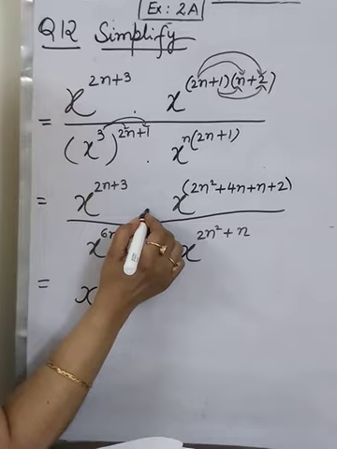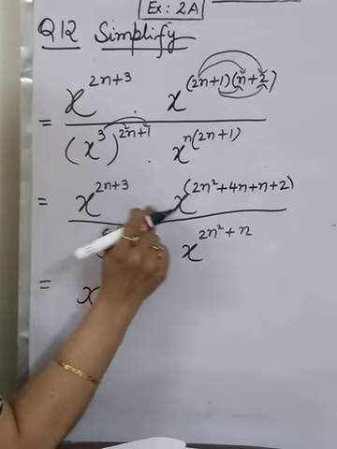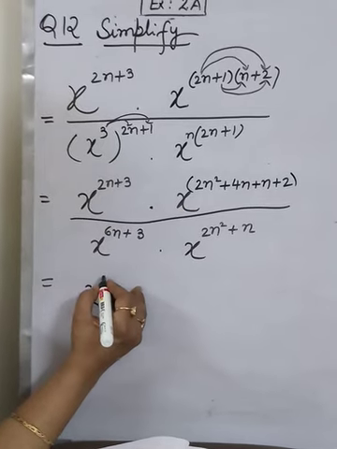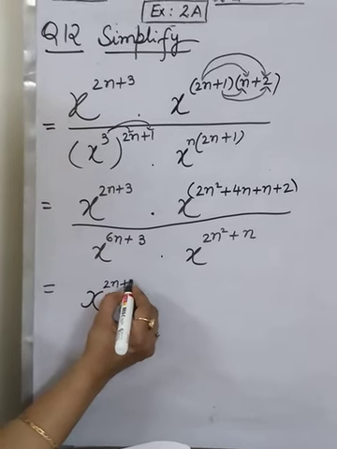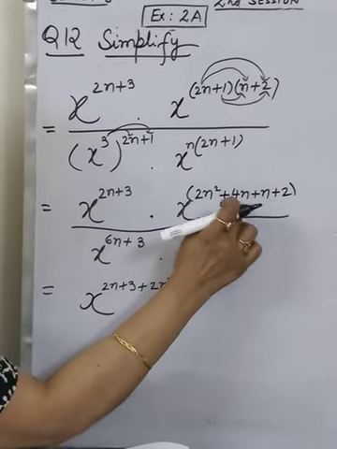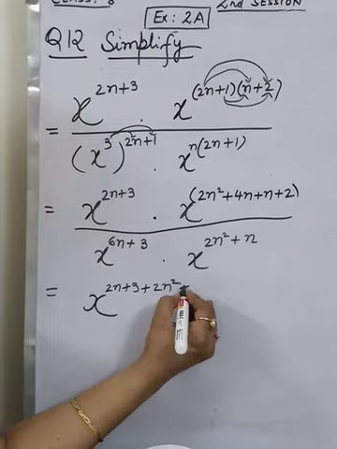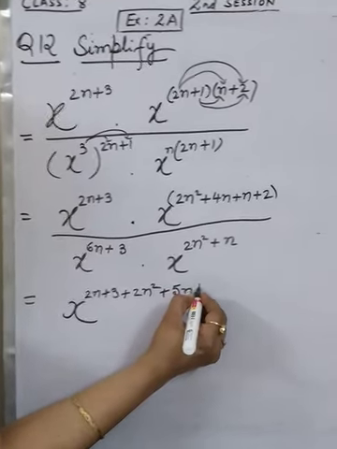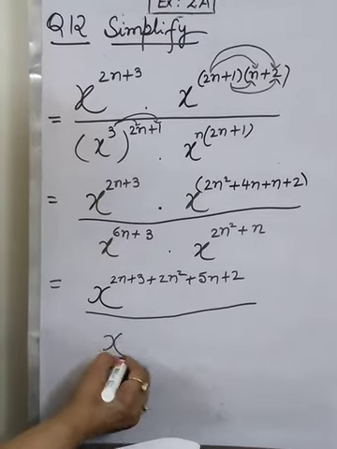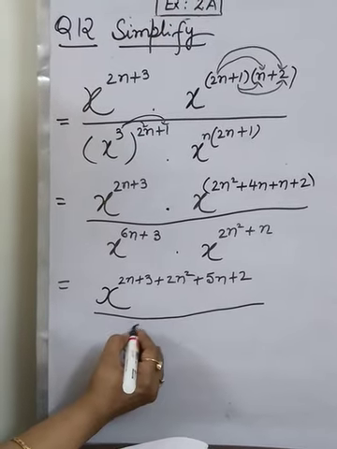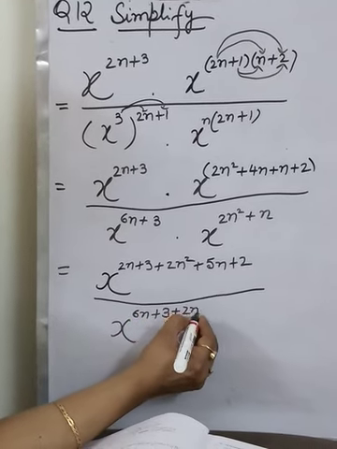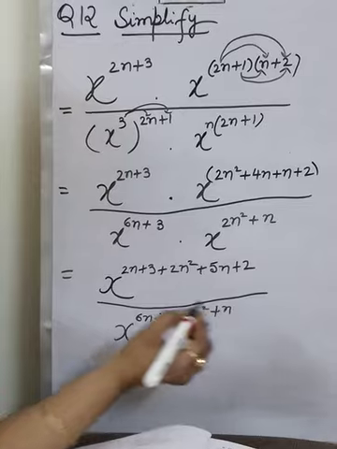The dot shows that we are going to multiply these two expressions and the base is same. So we add the powers. 2n plus 3 plus 2n square, 4n plus 1n will become plus 5n, and plus 2. What will we get in the denominator? 6n plus 3 plus 2n square plus n.